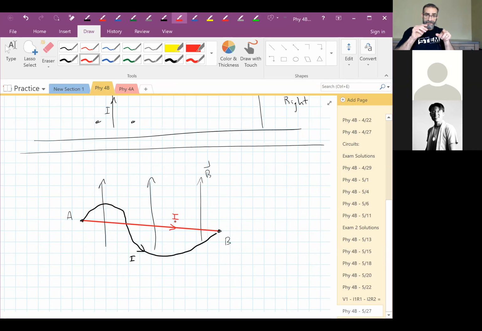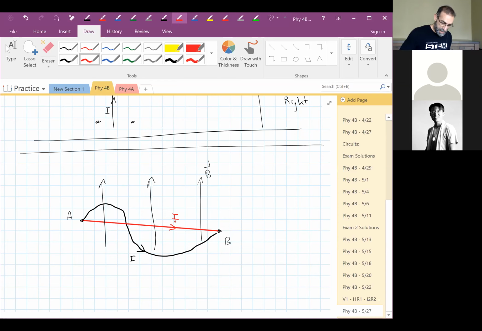If it starts on the line at A, it has to be on the line at B. For every velocity away from the line, there's one toward it. And the only thing that matters is the velocity along the direction of the line. That's the same thing as if we'd just taken a straight wire between points A and B.